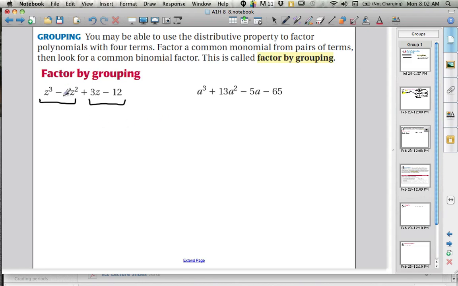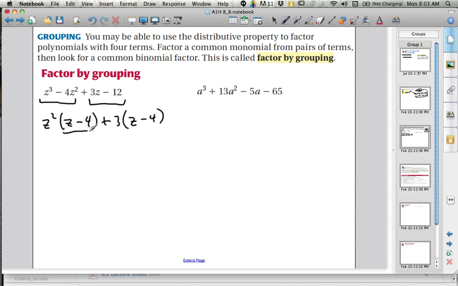So if you look at just z cubed minus 4z squared, I can factor a z squared out of that. So now when I look at the smaller portion of the polynomial, I can factor a monomial term out. And here with 3z and 12, I could factor a 3 out. And then I'll have z minus 4.